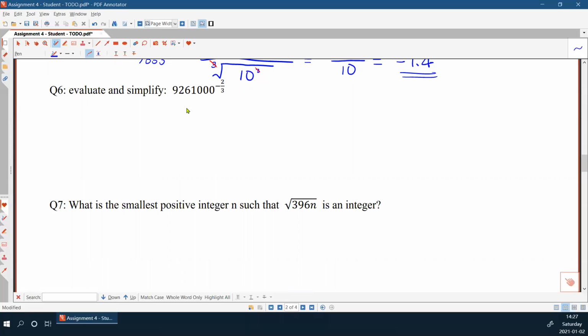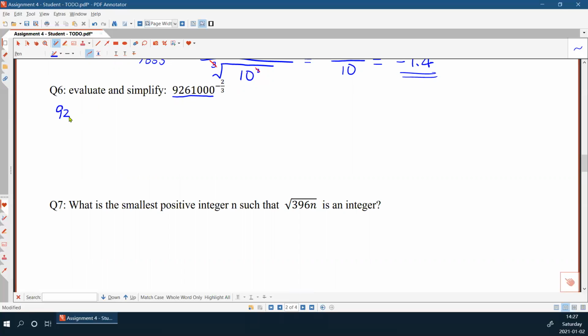Evaluate and simplify. This is a very large integer. If you want to calculate a very large integer to some ratios, it's better to factor this large integer first.